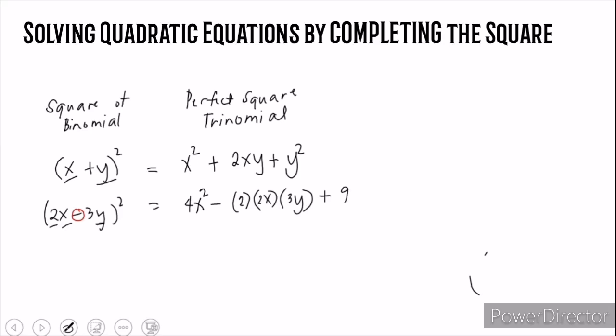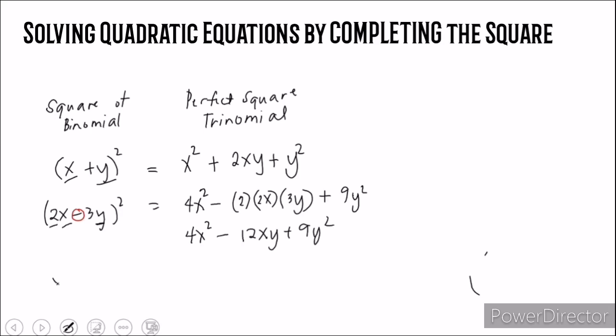And then, y times y is y squared. Then, multiply lang natin yon. So, we have 4x squared minus 2 times 2 is 4 times 3 is 12. So, we have 12. And then, lagay lang natin yung x and then yung y. Plus 9y squared.